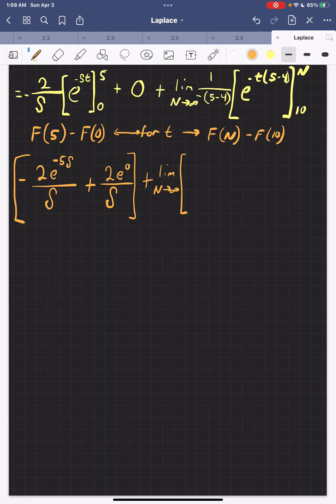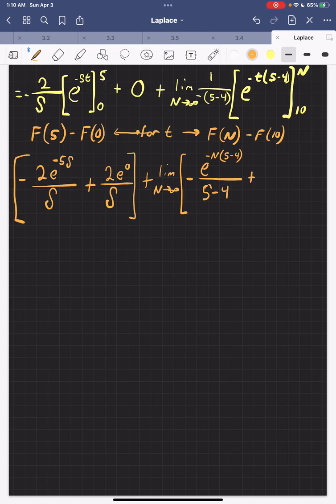So that's going to be negative e to the, it was a t, but now it's negative n times s minus 4 over, so it doesn't matter if you keep that, this negative symbol here can stay in the denominator, or you can move it out front. It doesn't really matter. So in that case, it would be over s minus 4. Again, you got your negative here and negative here, so that's going to be plus.